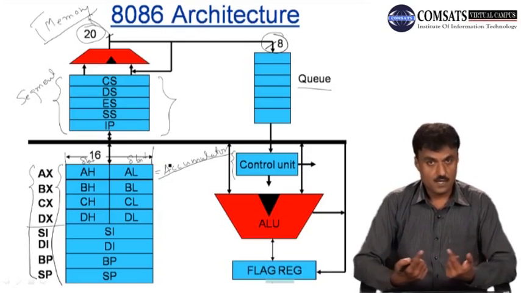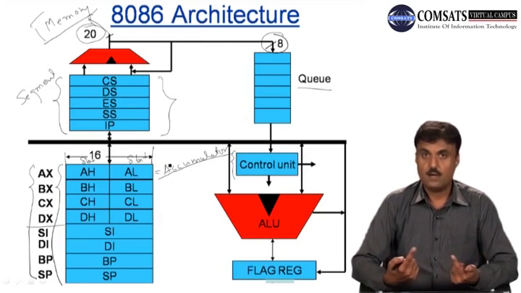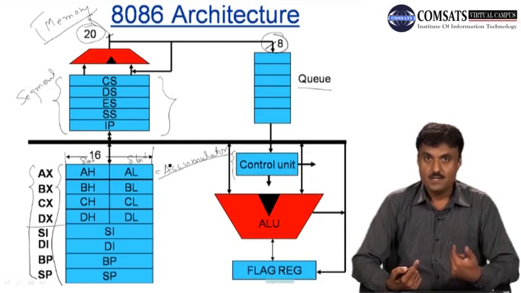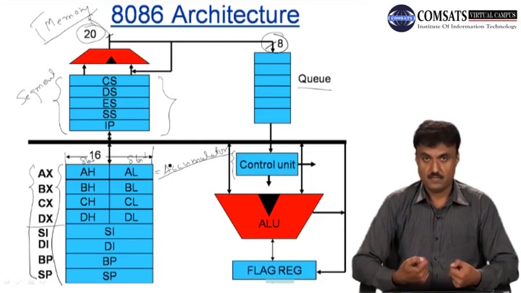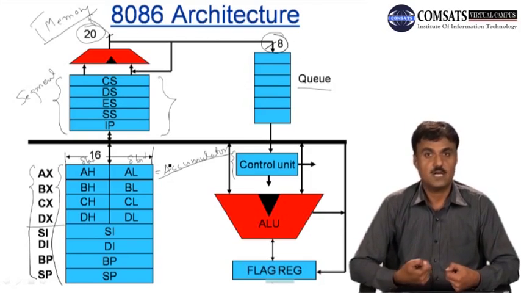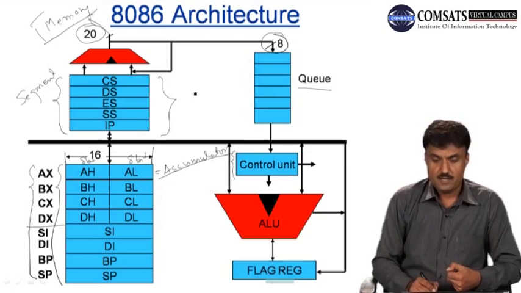If we perform any operation, either mathematical, arithmetic or logical, the results will always be stored by the microprocessor inside this accumulator register. Now, the lower order byte is AL and the higher is AH.